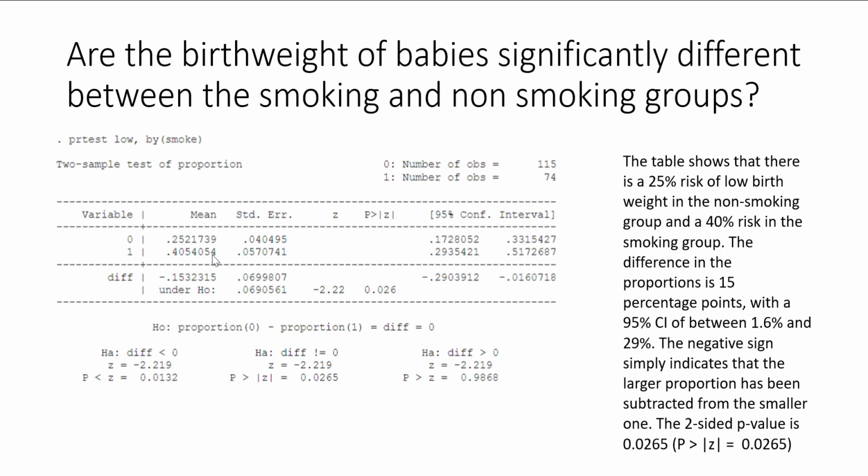Now, the difference in mean between the smoking and non-smoking groups is a negative sign, because 0.25 minus 0.40 gives us minus 0.15. So that means that on the average, the birth weight of children born to smoking mothers is lower by 0.15 kg.